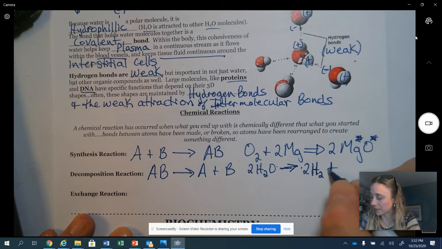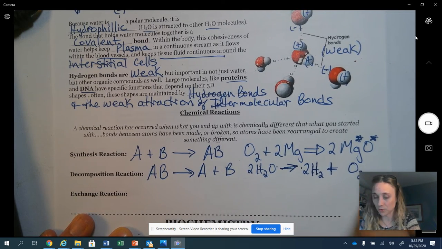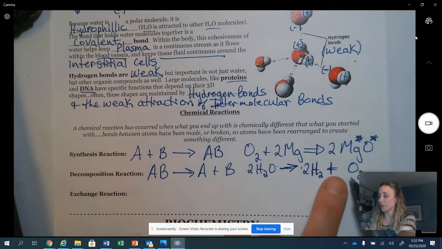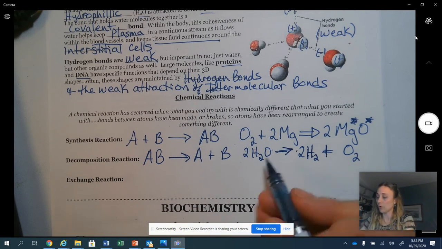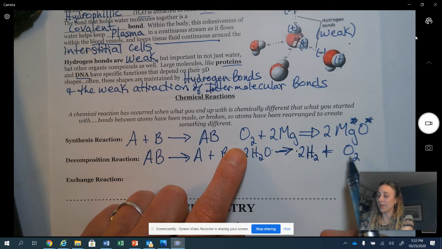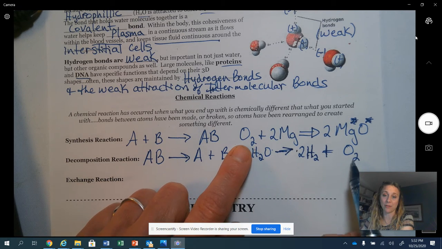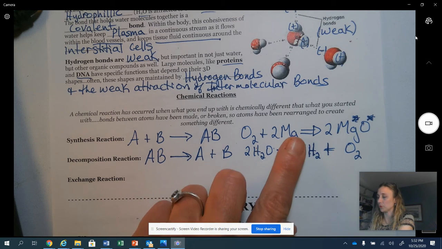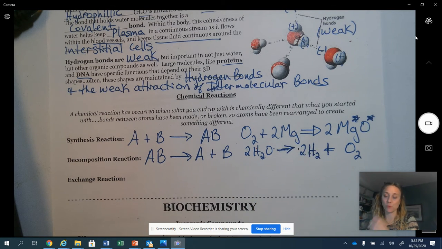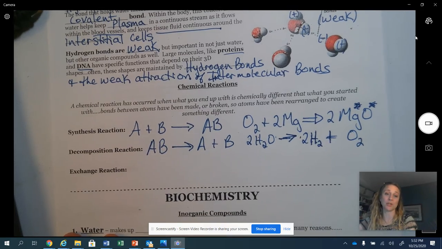It's always diatomic. Oxygen is diatomic as well, but we only have 1 resulting from this reaction. So 2 water molecules go in and they split, and then those oxygens form together. They're oxygen twins, and then 2 molecules of hydrogen will also be spat out. So decomposition, breaking down.